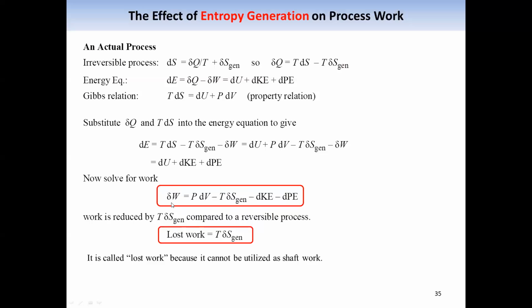If we interpret dW as the available work, we lost some work due to the irreversibility. Therefore, this term is called lost work. Notice the lost work is directly proportional to the entropy generation.